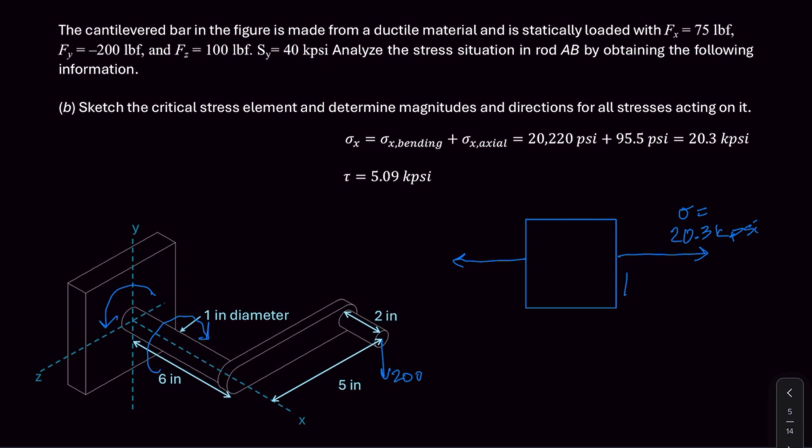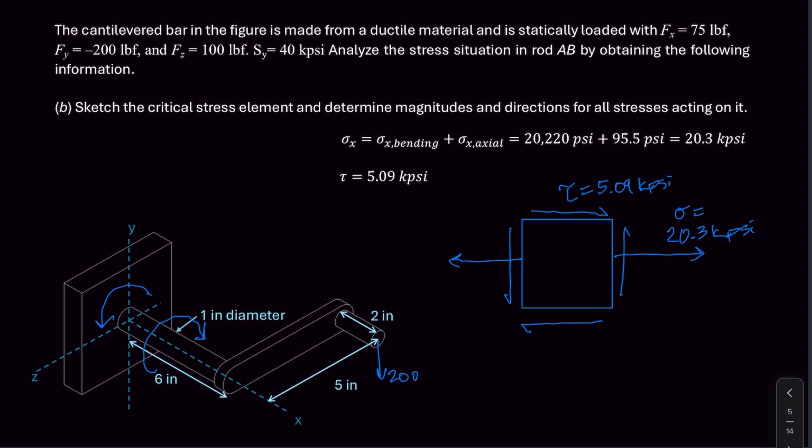So I start and I draw the torsion and the shear stress arrow going in the direction of that torque, and then I draw the arrow for the reaction, and then I know that because we need to be in static equilibrium, I can draw the other two arrows that way so that everything would balance out. And we would know that that shear stress is going to be equal to 5.09 kpsi.